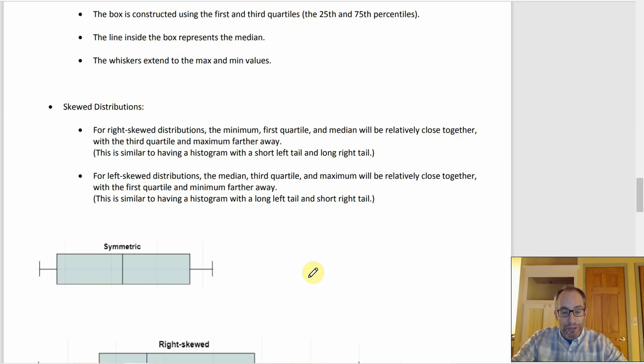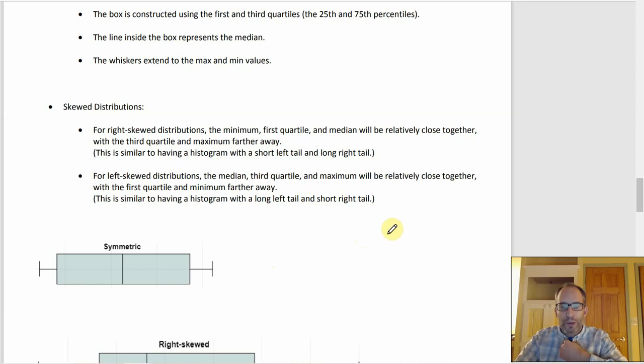If you have a symmetric distribution, then you get the median right in the middle of the box, and your quartiles are about the same distance away from that, and your whiskers are about the same length. So the left and right sides maybe are not exact mirror images, but they're not too far from it. And that's what we got there.